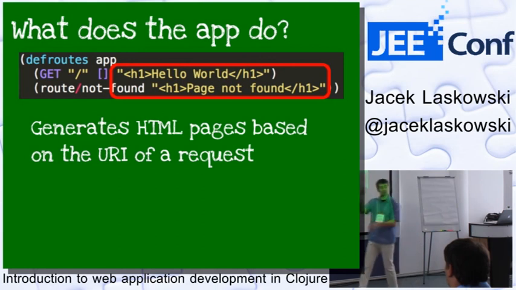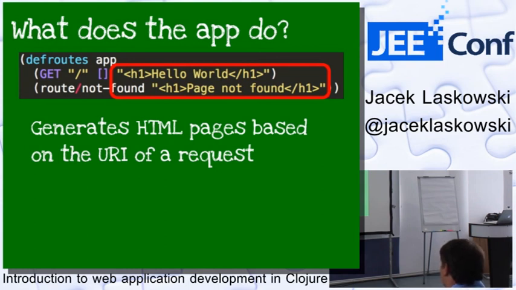Actually, the question should have been asked way before, but just to keep it in mind. It routes certain requests to certain output. Whenever we access slash, we end up with a web page that contains hello world, while other requests will end up with page not found with this nice looking message.